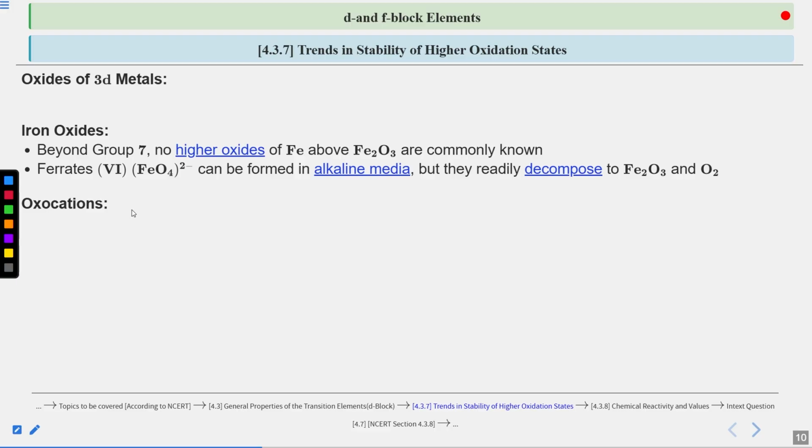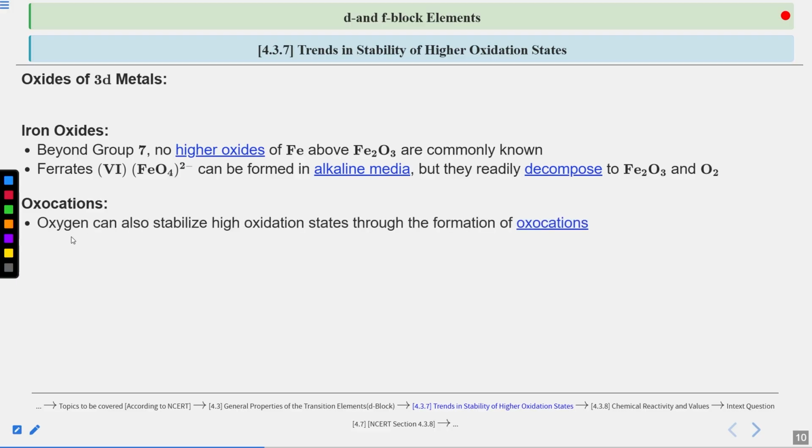Oxocations. Oxygen can also stabilize high oxidation states through the formation of oxocations. This is another way. For example, vanadium in +5 as VO2+.